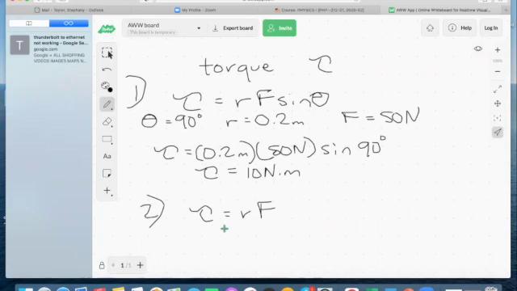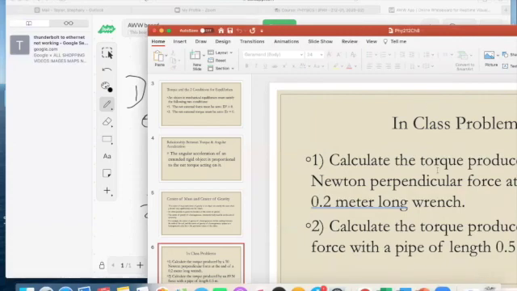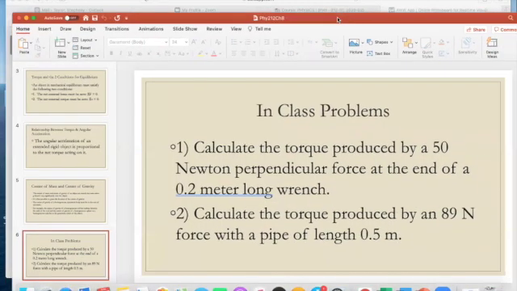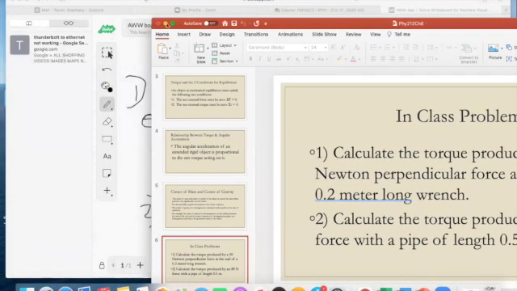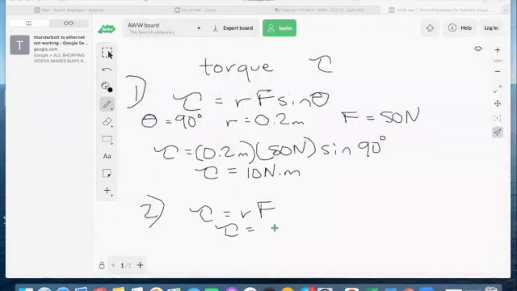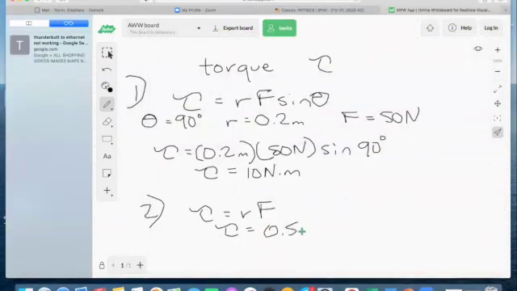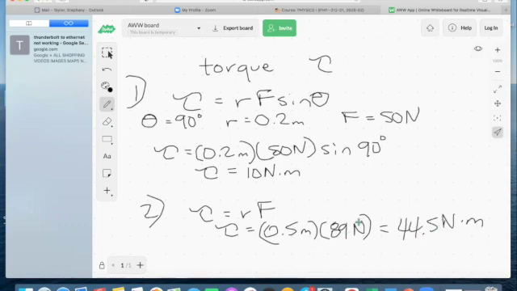We plug in 0.5 meters times 89 newtons, which gives 44.5. You have newtons multiplied by the length, which is in meters, so it's going to be newtons times meters.